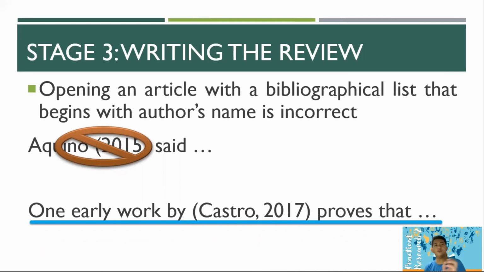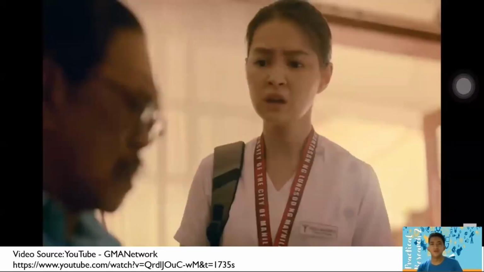Or according to Aquino in 2015, or according to Aquino 2015 that blah blah blah. So that's how we open our review of related literature. Yun na nga. So the keyword is plagiarism, sabi ni professor.